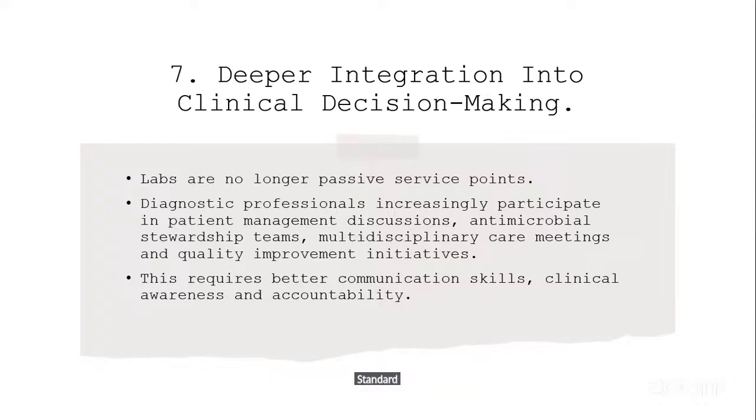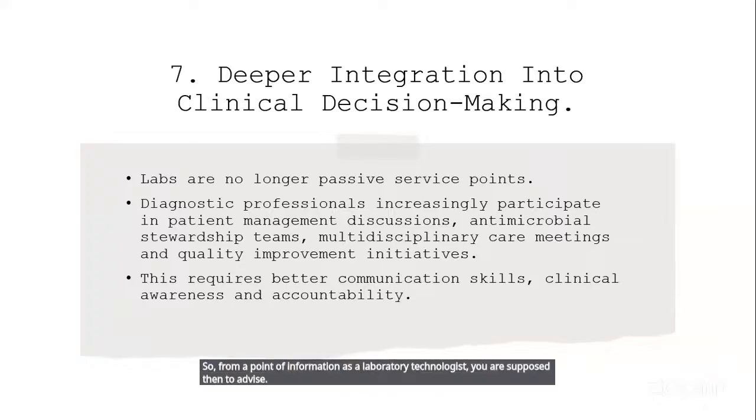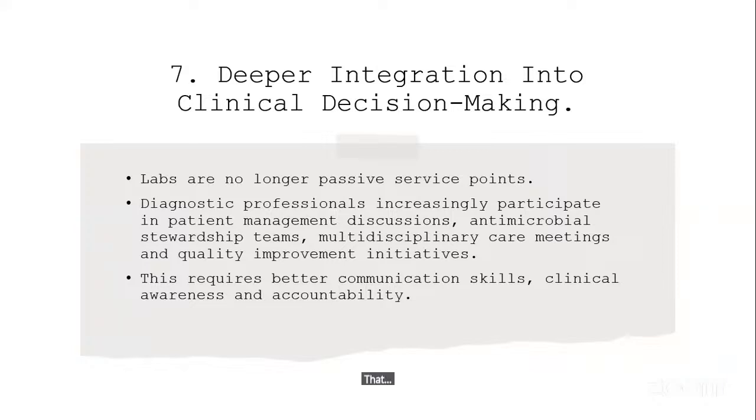Standard Q is pointing out those cases because that is exactly what it's supposed to do. So from the point of information as a laboratory technologist, you are supposed then to advise that every positive outcome that comes from a screening kit must be confirmed.